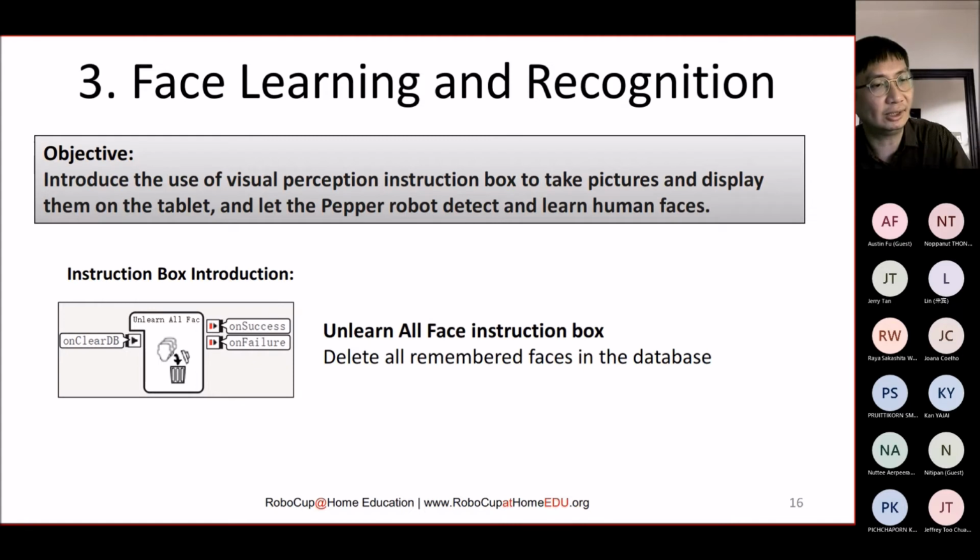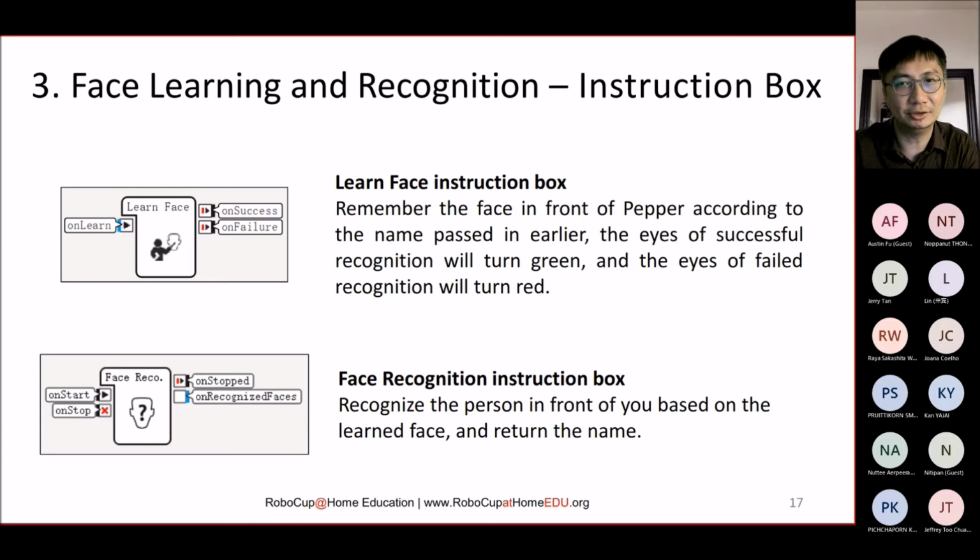Someone trained, and then there is a database still inside Pepper, and this database may affect your accuracy. You might have a database that makes Pepper recognize a certain person who is not who you want to recognize. So you can use the unlearn all faces instruction box to erase and clear the database. This is something in the programming that you need to know.